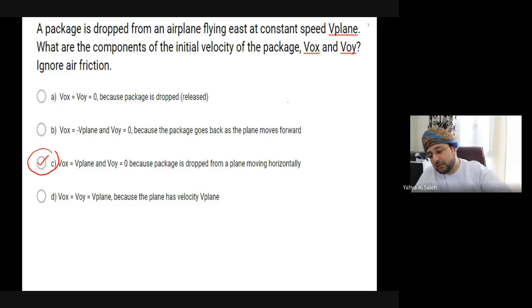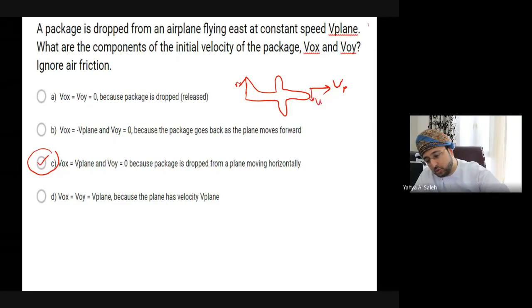Now, the plane, now I'm going to draw a very ridiculous looking plane. You will be very happy to know that I don't do Oman Air's livery. The plane is already going at V plane, and its Vy is equal to 0 since it's going straight.